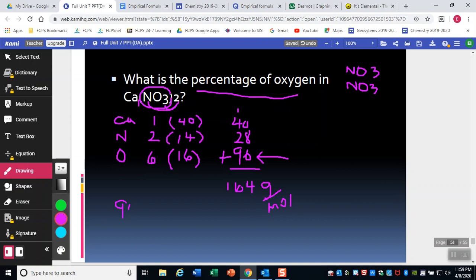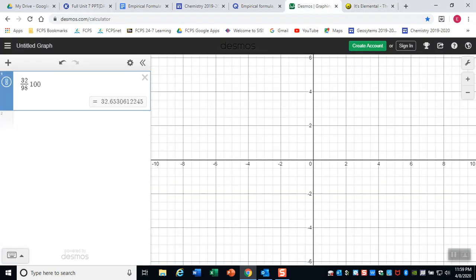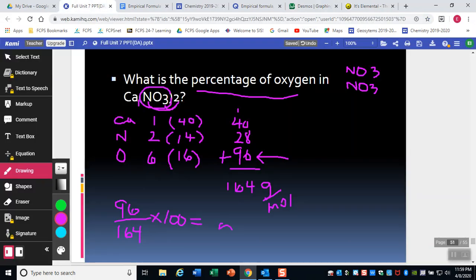So it's going to be the part divided by the whole: 96 divided by 164 times 100. 58.53. And that is my answer.